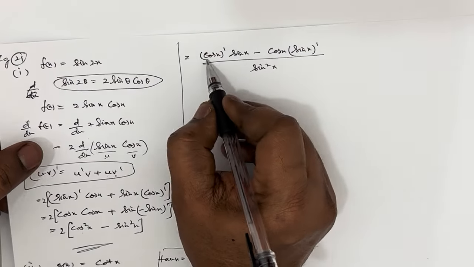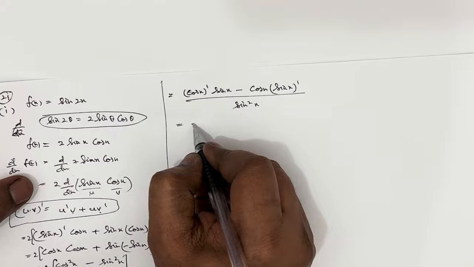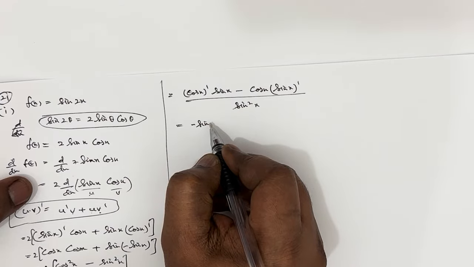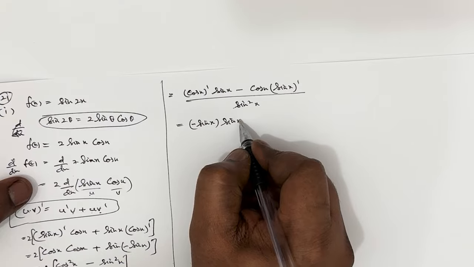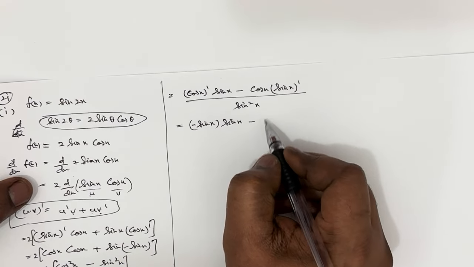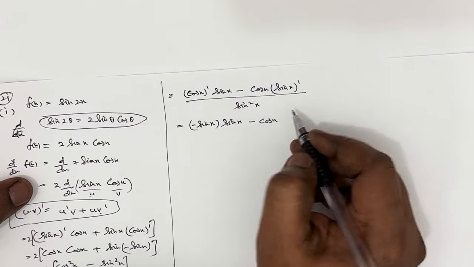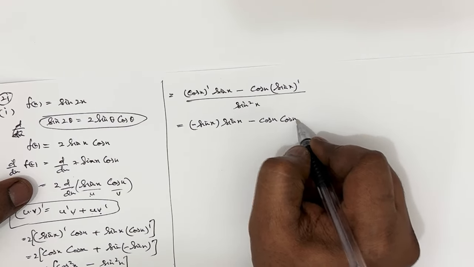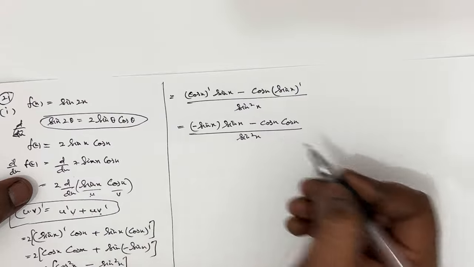The derivative of cos x is minus sin x, multiplied by sin x, minus cos x, and the derivative of sine x is cos x, all divided by sine square x.